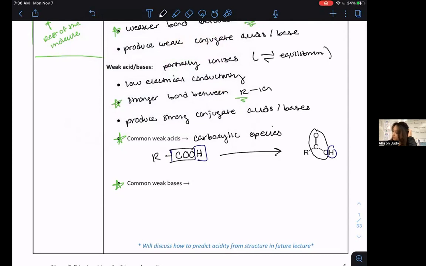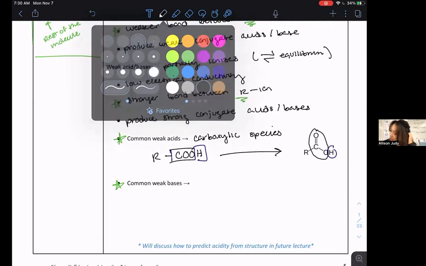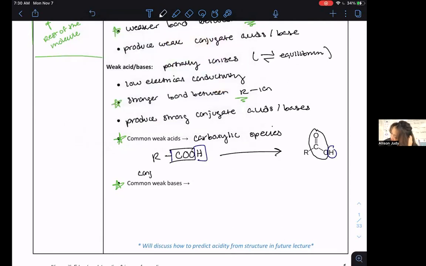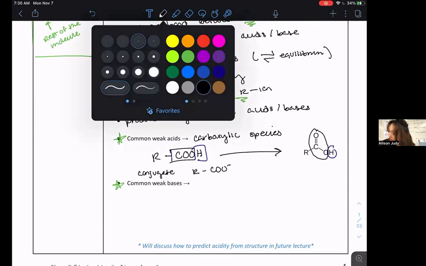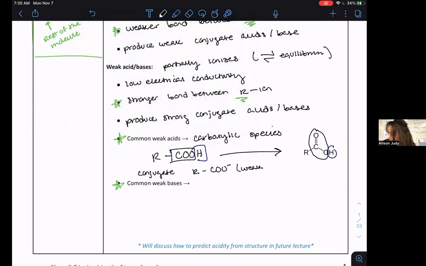And that means that, FYI, if you're putting it together, that means that the conjugate of a carboxylic species would be COO minus, and this would be a weak base. Okay. Oh, sorry, a strong base.